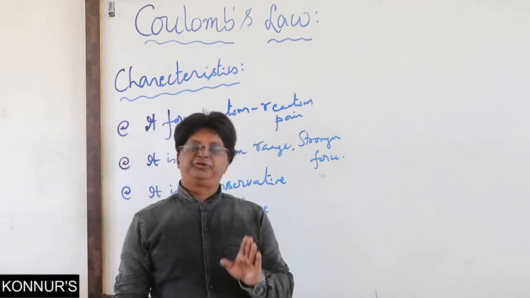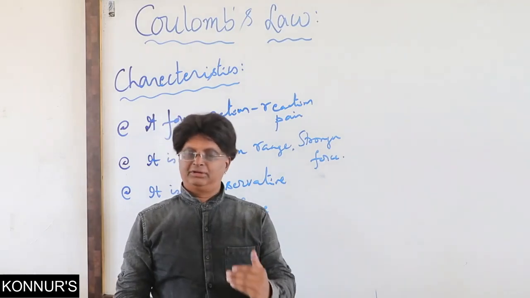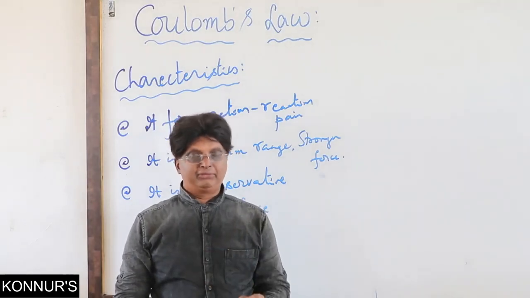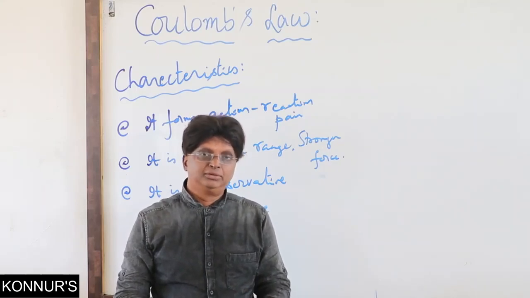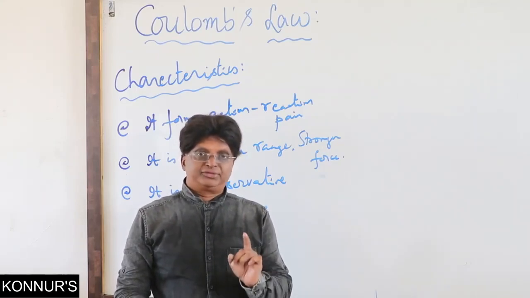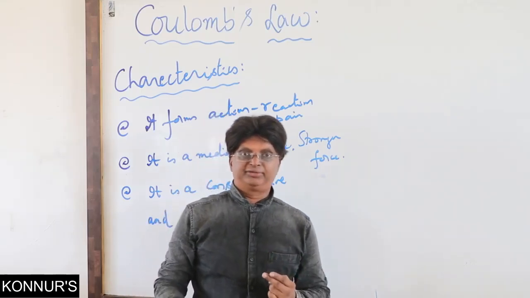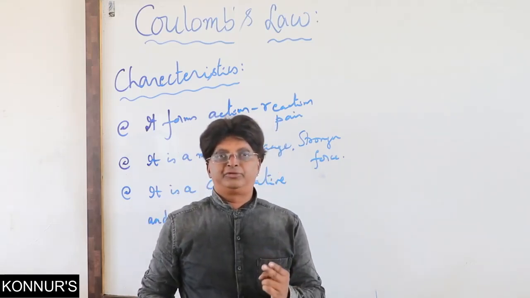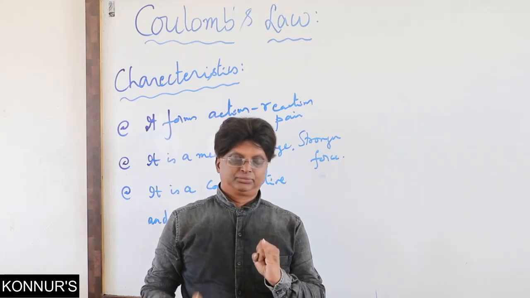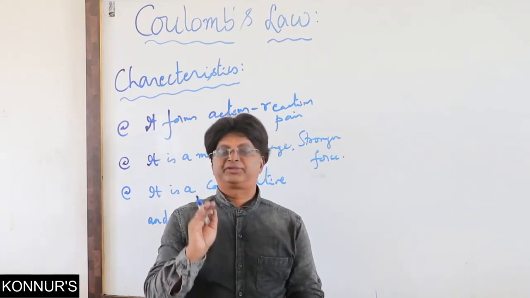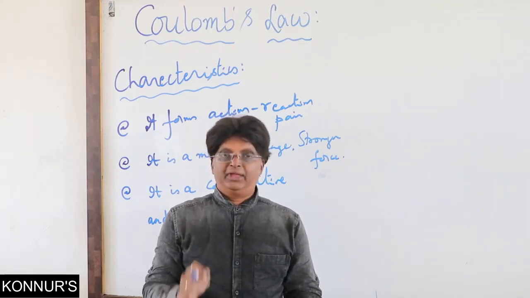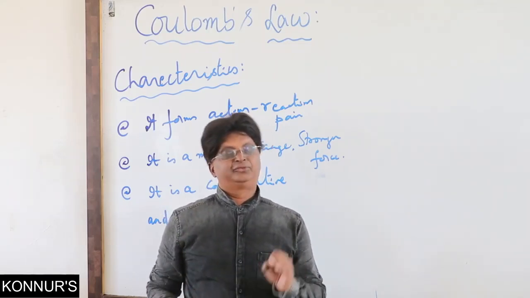A force is said to be conservative if the work done is independent of the path, whereas for a central force, you remember we told in first PU, if the force satisfies two conditions, number one, the force depends on distance, and number two, the force is always acting towards a fixed point, then the force is said to be a central force.